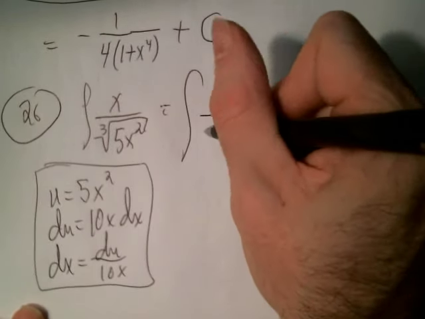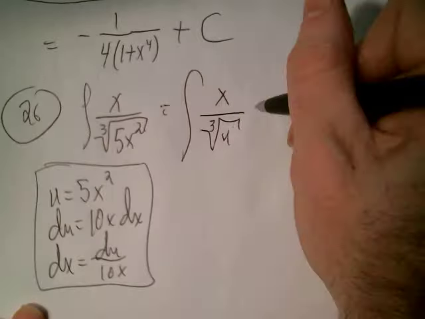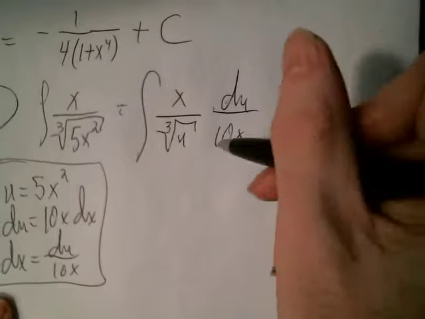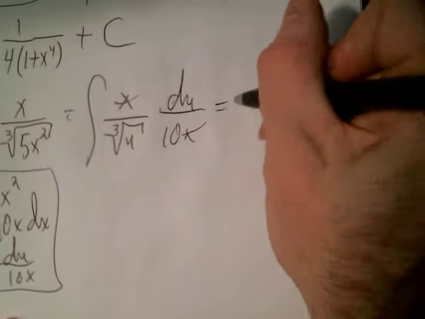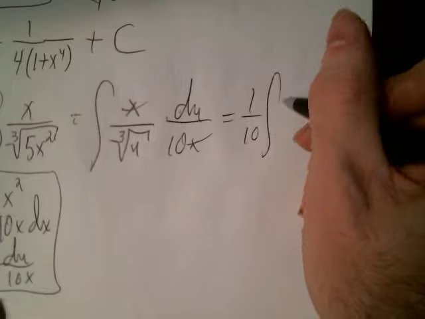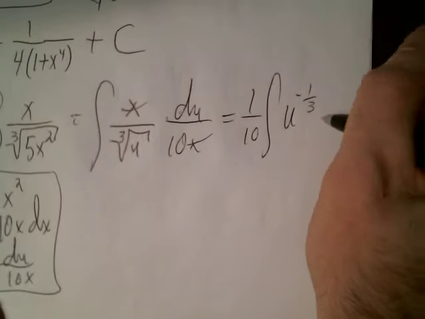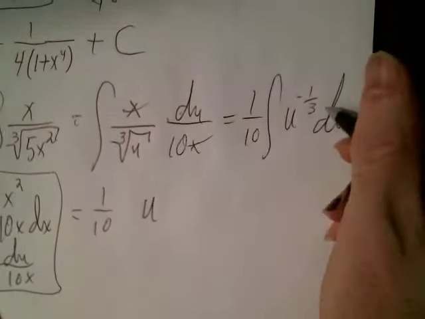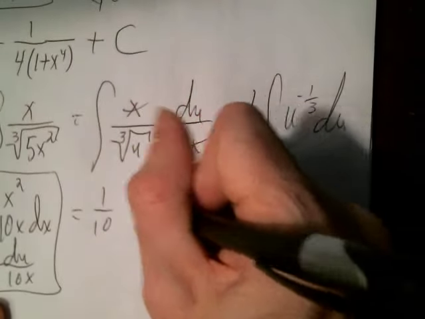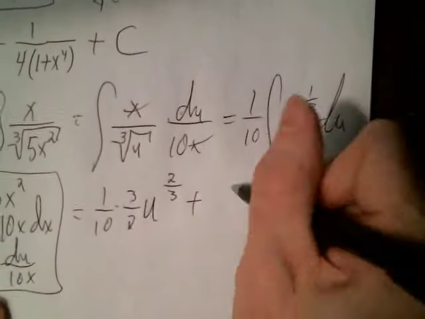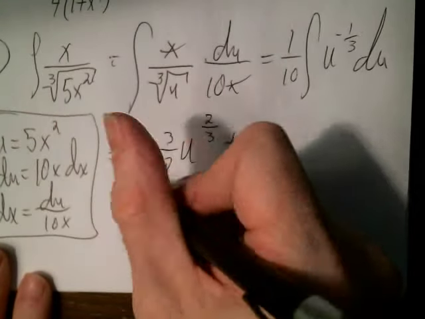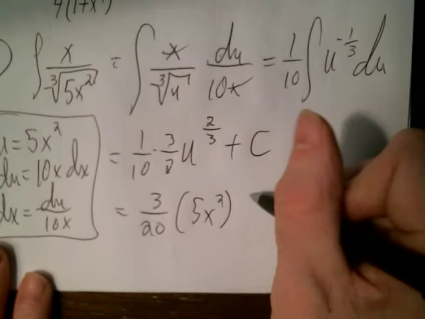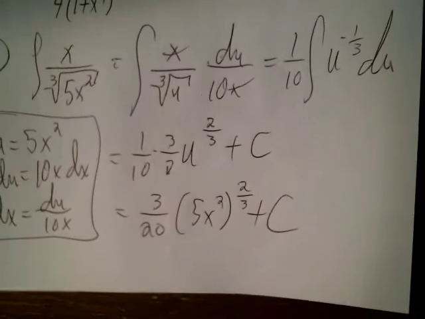So I have x all over the cube root of u times du all over 10x. The x's cancel. I have a factor of 1/10. And then the integral of 1 over cube root of u is the same as u to the negative 1/3 du. I have 1/10. U to the negative 1/3 plus 3/3 is u to the 2/3 times 3/2. And simplifying with the back sub, I have 3/20 times (5x squared) to the 2/3 plus c.